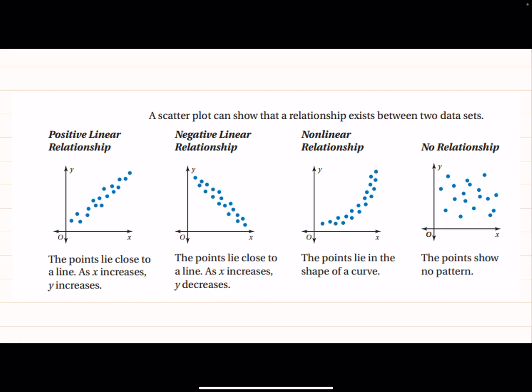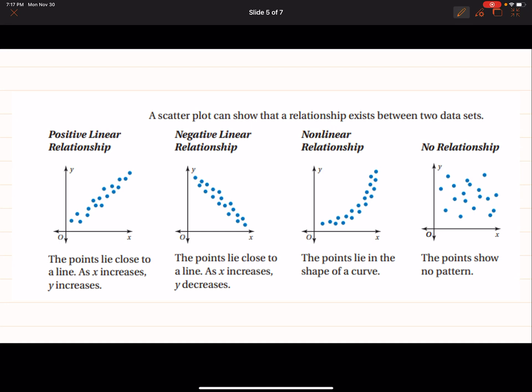Okay, our next slide here has some information reviewing the types of scatter plots. So again, a scatter plot can show that a relationship exists between two data sets. The first example shows a positive linear relationship. It's increasing from left to right. As x increases, y also increases.